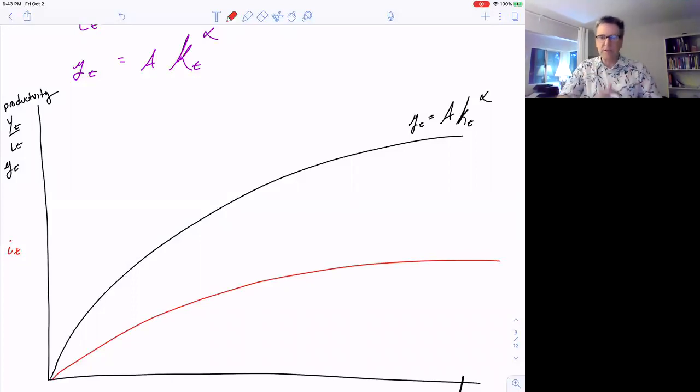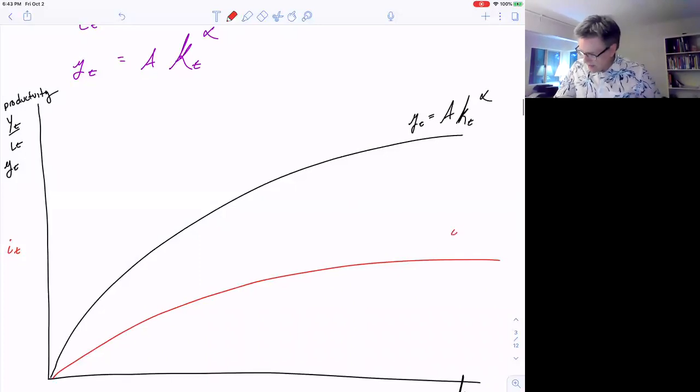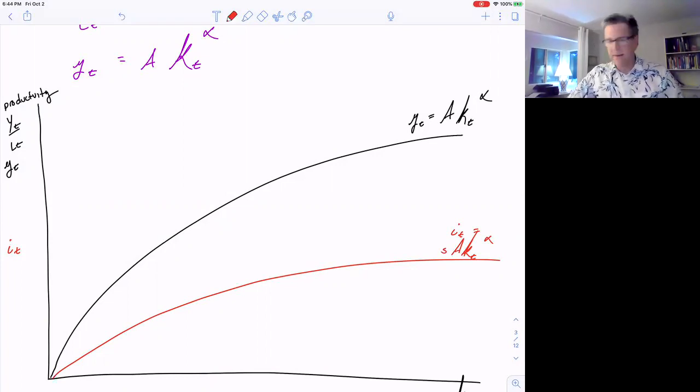It'll be like 10% of whatever the black line is. So this is going to be income at time t, which equals little s times a little k sub t to the alpha. So we've got our income line in black, and then we've got the savings line, which is a percentage of that income, in red.